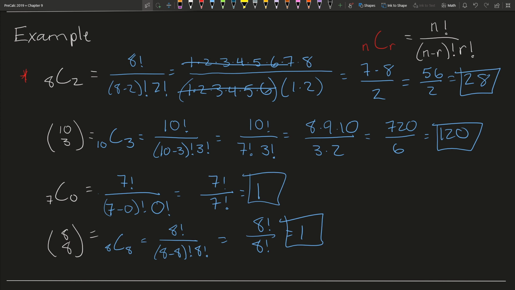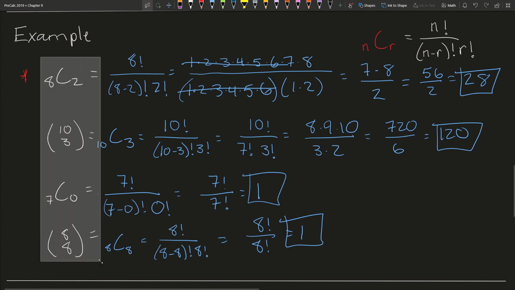Yes, the worksheet with only 7 questions. You can do the first combination stuff. So everything that looks like what we just did, that's your homework.